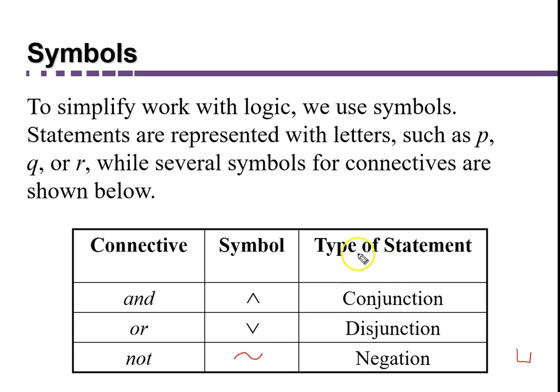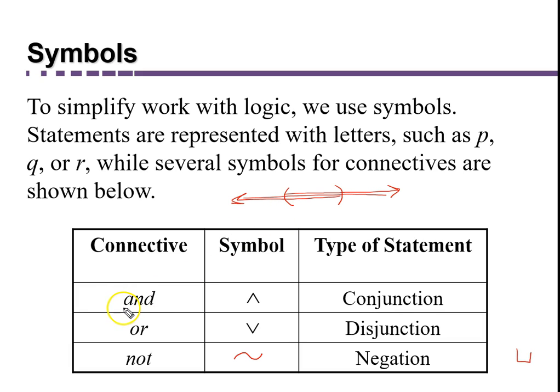Now, the type of statement that the and is related to with the caret symbol is the conjunction. And just for a little review, in mathematics, if we have a conjunction, it might have started off looking like so, if we were to graph it, and looking like so.